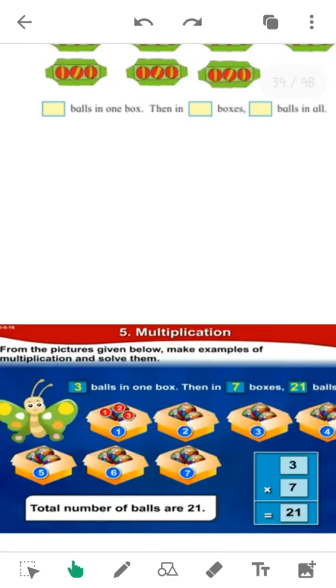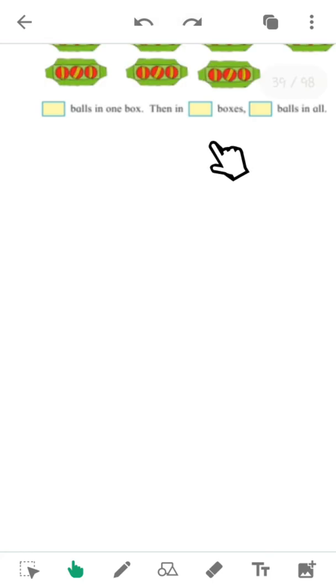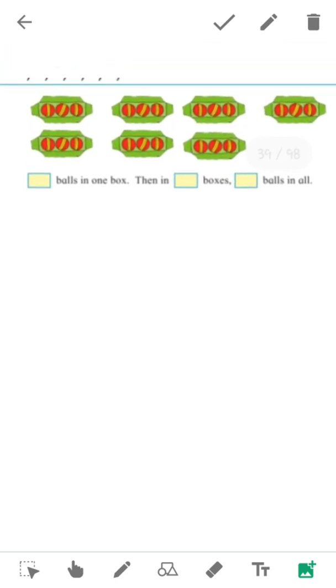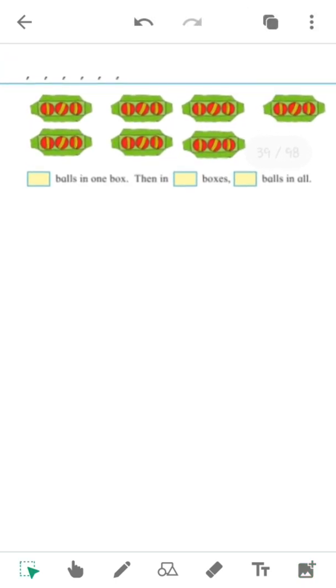Next example is: dash balls in one box, then in dash boxes, how many balls in all? So how many balls in one box?